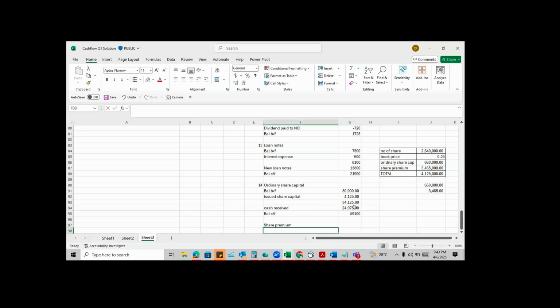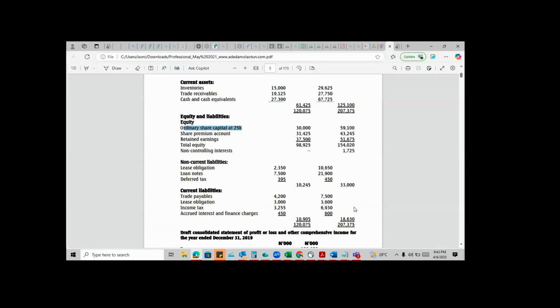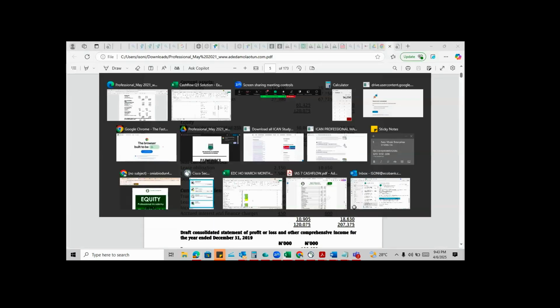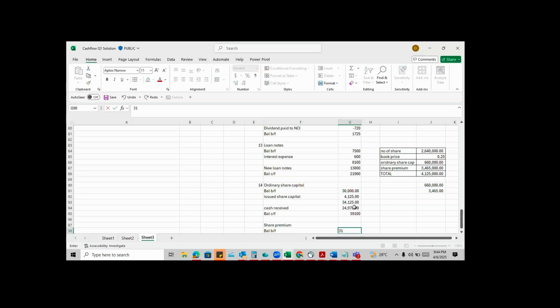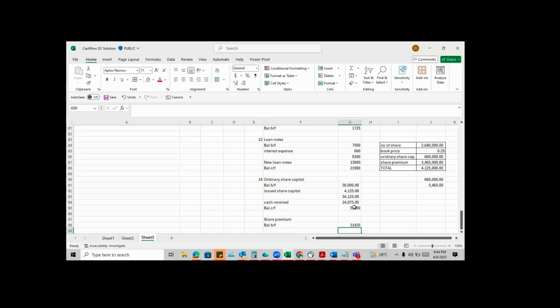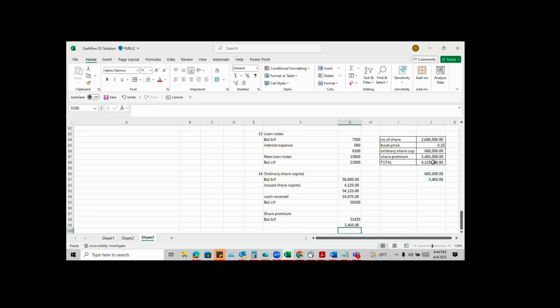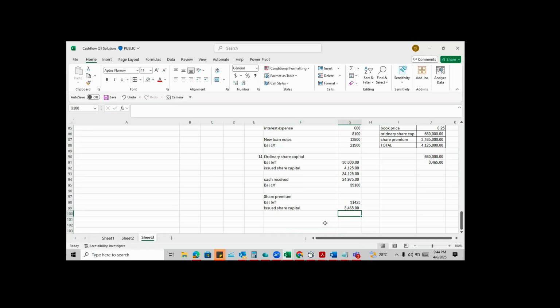Not to waste time, balance brought forward was how much there? Balance brought forward was 31,425. Okay, we said the issuance here is 3,465. I'll divide by 1,000 because I'm working with these numbers here. So issued share capital. The total here is this amount.